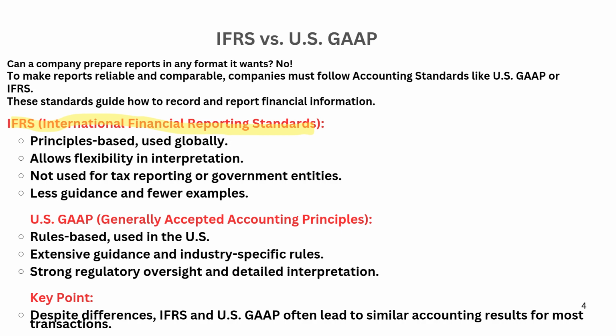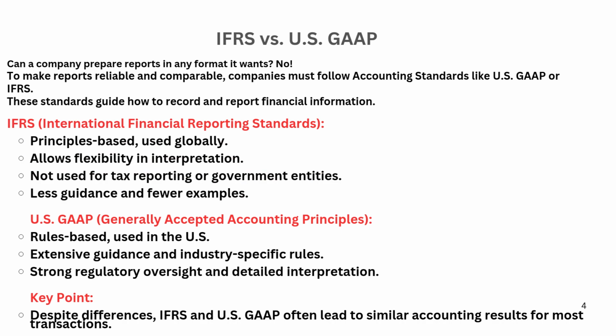Let's break it down. IFRS is principles-based, meaning it gives broad guidelines, not strict rules. It is used globally, in over 100 countries. It allows flexibility in interpretation, which can be helpful, but also tricky. It's not used for tax or government reporting, and it gives less guidance, so accountants use more judgment.